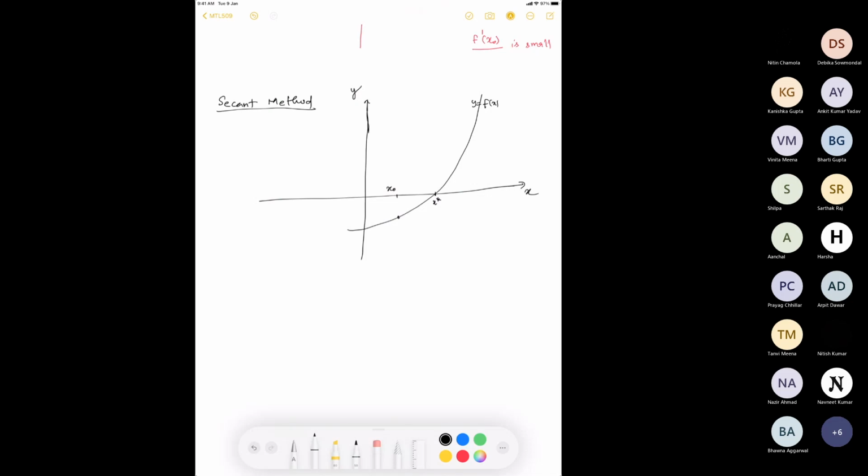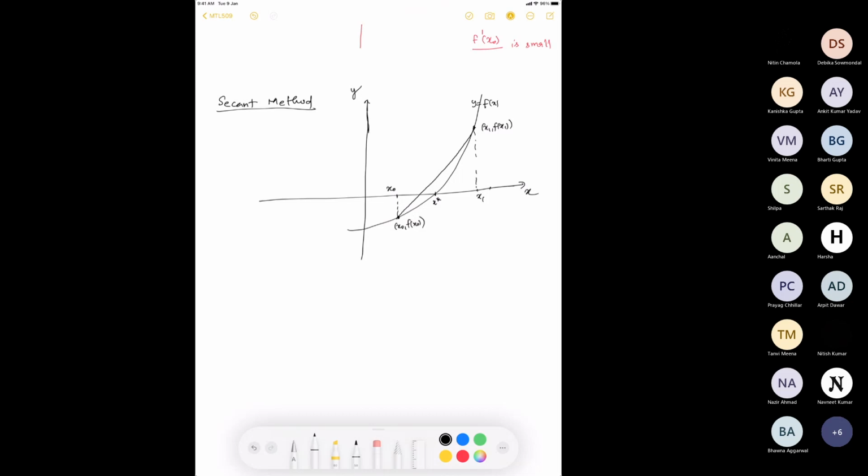Here instead, what I'm going to do is start with two initial guesses, say x0, and let me take another initial guess, x1. Then I'll consider the points (x0, f(x0)) and (x1, f(x1)), and I'll take a secant line passing through these points, and I will treat this as an approximation of the function f(x).